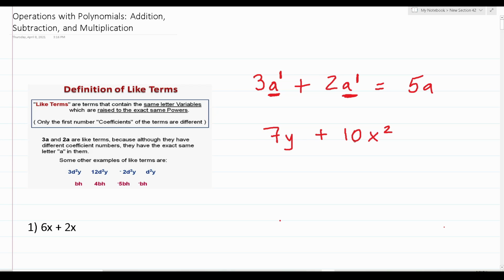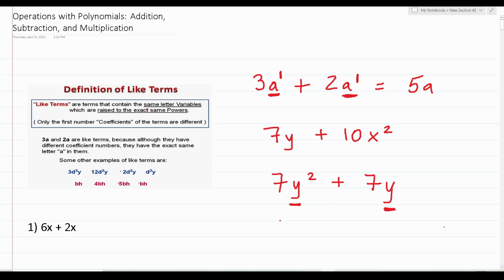All right, let's look at one more example. Notably, let's say we had 7y squared plus 7y. All right, according to the definition of like terms, a like term has the same letter variable. So in 7y squared, our letter variable is y, and in 7y, our letter variable is also y.